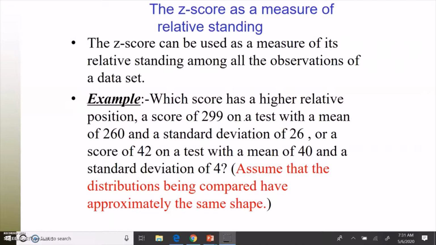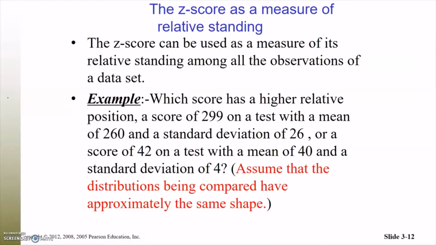A score of 299 on a test with a mean of 260 and a standard deviation of 26, or a score of 42 on a test with a mean of 40 and a standard deviation of 4. We assume that the distributions being compared have approximately the same shape. So we're going to consider these two scenarios one by one.